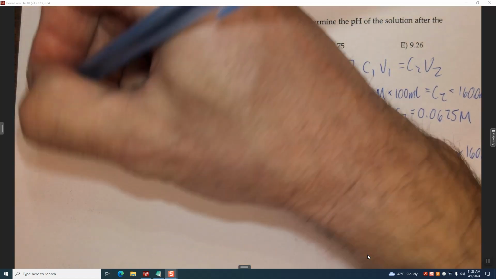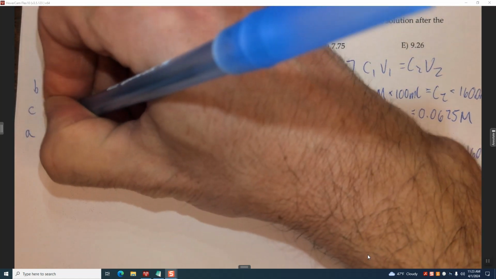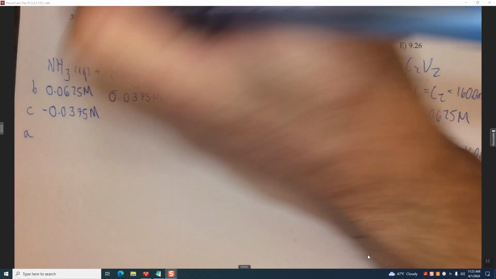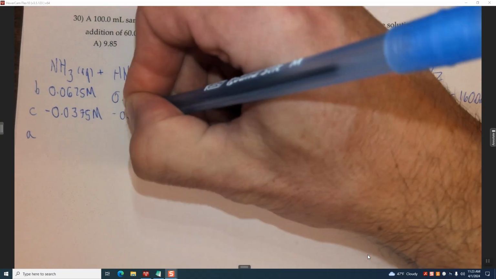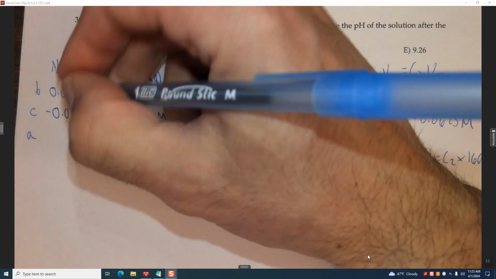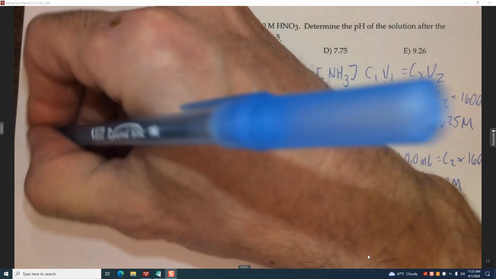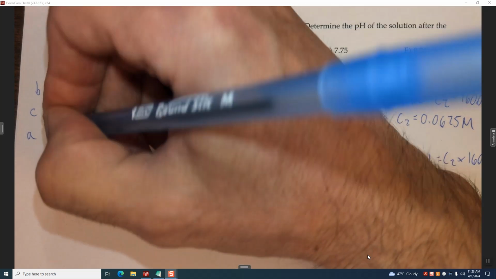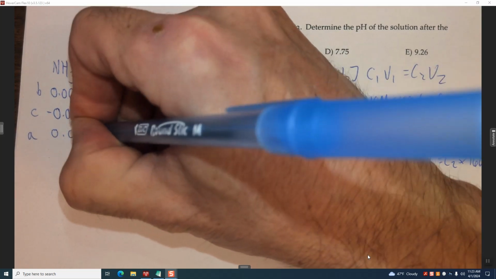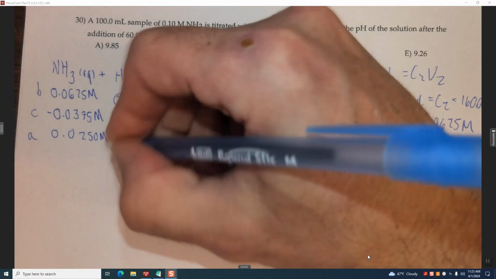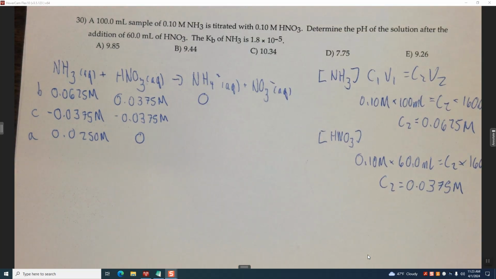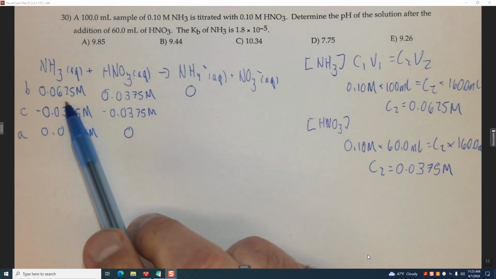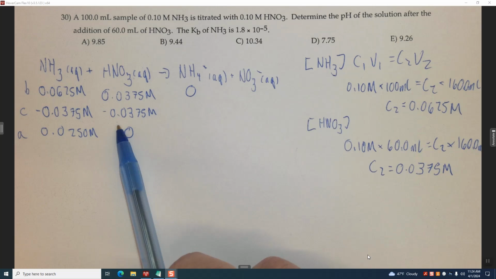So we're going to subtract 0.0375 molar here, and subtract 0.0375 molar here. When you subtract these two numbers, you find that this is 0.0250 molar, and this one is 0. But we missed something. What happens when these two things react?